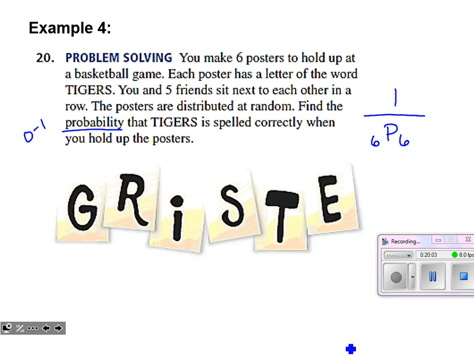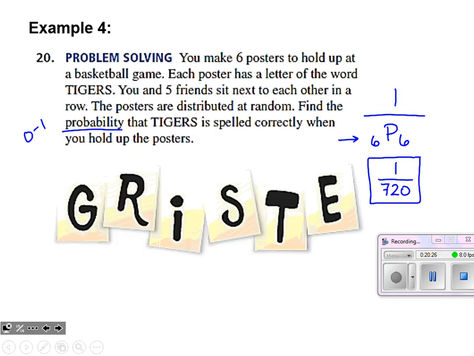So you can see our how many ways has become the sample space of this probability problem. And since we've already done 6P6 quite a bit, it's just going to be 6 factorial. We saw it in the last example with the friends sitting down in the movie theater. I know the probability is going to be 1 over 720 because I know that 6P6 is 720.